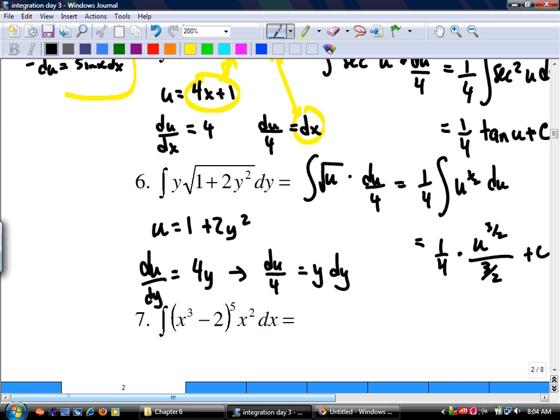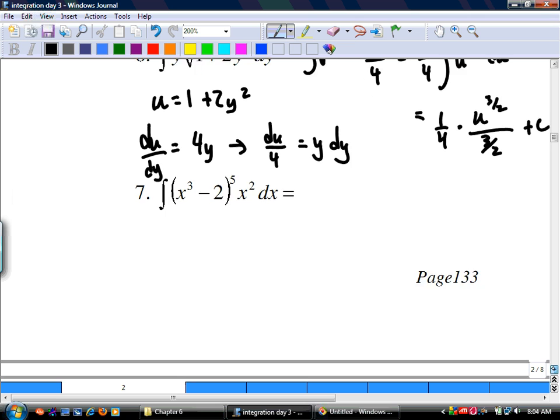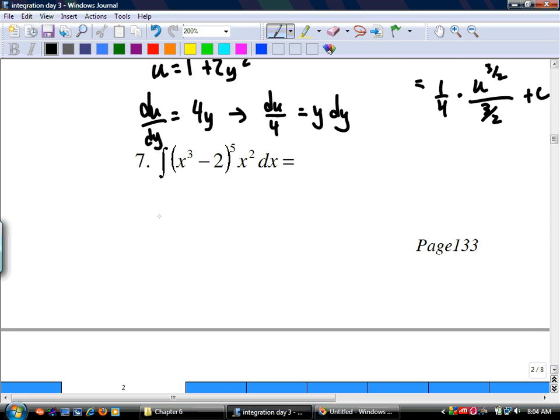What are you going to let u equal? du over dx equals 3x squared. So du over 3 equals x squared dx.